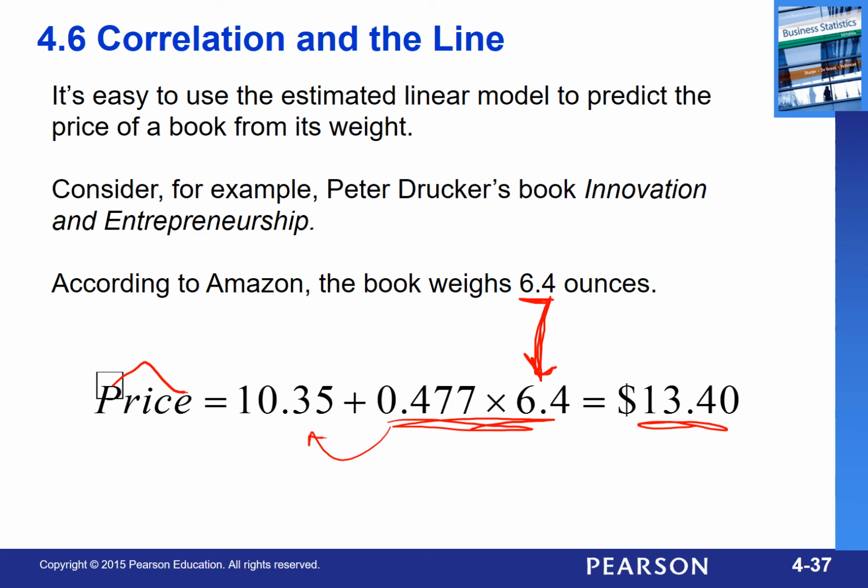I really shouldn't call him Peter, I don't know him. So since I know the weight, I plug that in for the weight variable in my equation. I multiply these two together, and then I add 10.35, and that comes up with $13.40. That's what my equation predicts the price of the book will be.